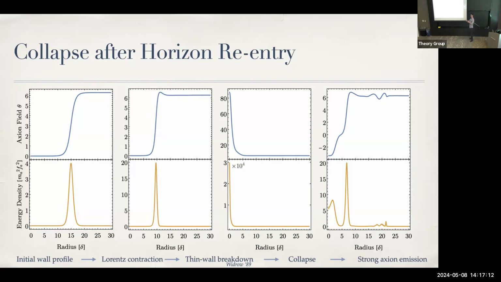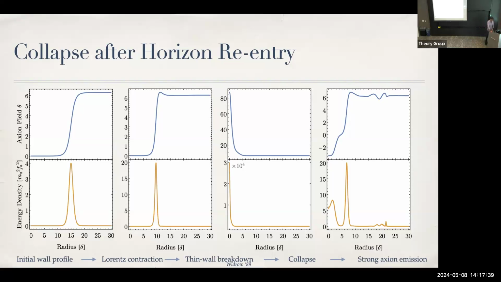It's partially transparent, but during this violent collision, it will emit many axions, and you can see these wiggles emanating away radially are axion waves, energy lost as the wall hits itself. It will expand again to a slightly smaller size, and it will keep contracting and expanding, emitting axions with each bounce.